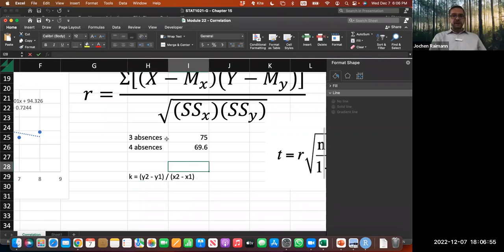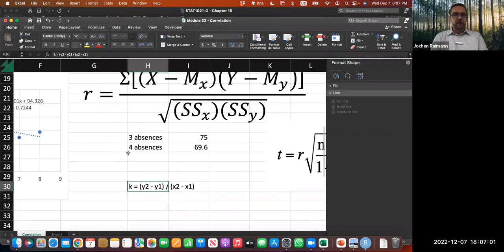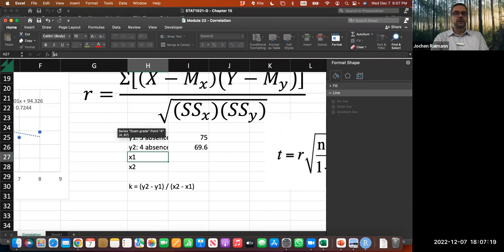So to put this into context, this is the formula. You have an x1, x2 here in front. This is a y1. This is a y2. Now your x1 and x2 are 3 and 4.